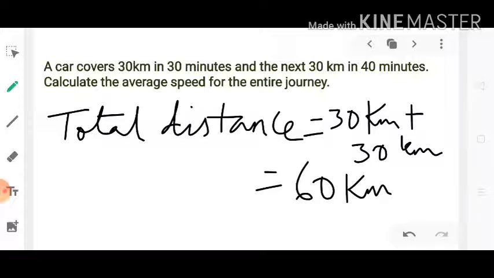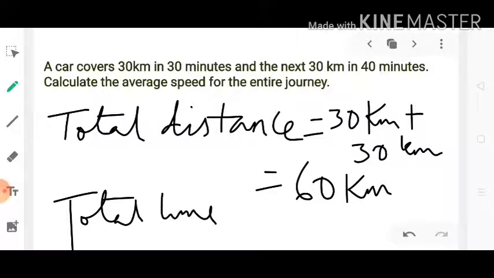Now for finding out total time, first of all check the unit. You can see the time is given in minutes. So for finding out speed, we need to remember to convert the value of time. But first find out the total time. Total time 30 minute plus 40 minute.